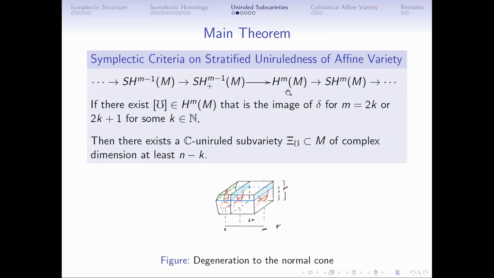So consider the delta map from the long exact sequence, and consider a homology class here, where the degree is important, and there is an image of the connecting delta map.